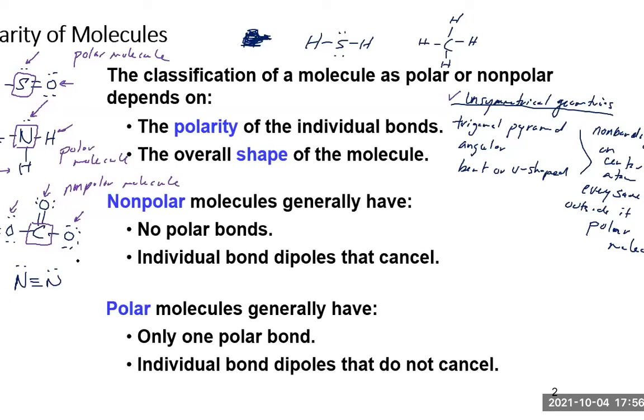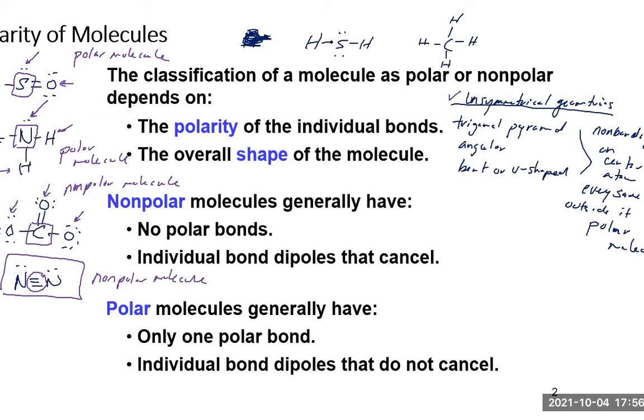This is a diatomic molecule, which means I simply need to decide, is this bond polar or non-polar? And since it is two nitrogens, I know that bond should be a non-polar bond. And because that's the only bond in this entire molecule, this guy should also be a non-polar molecule.